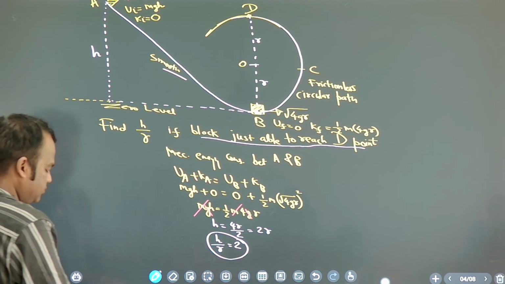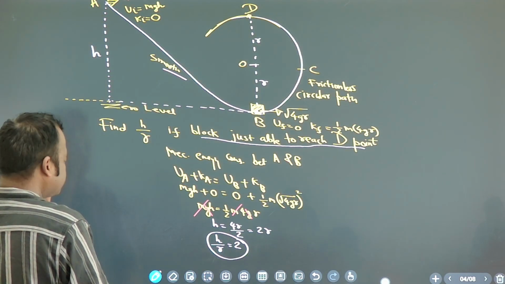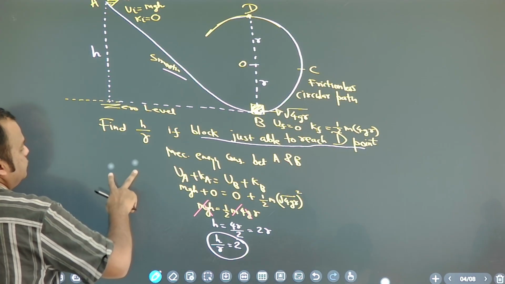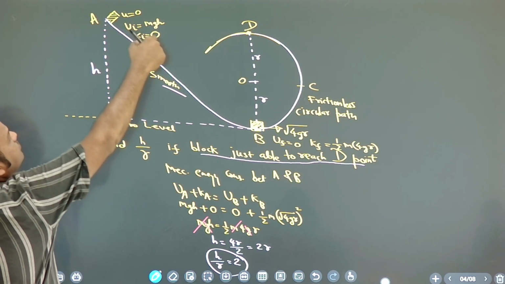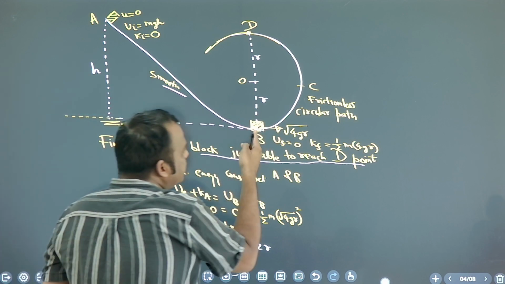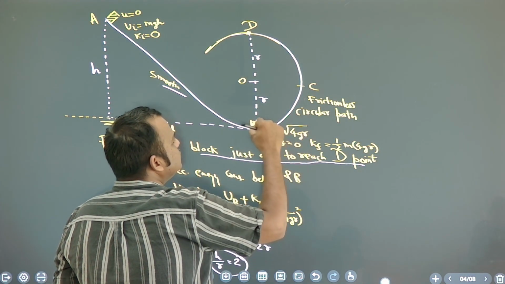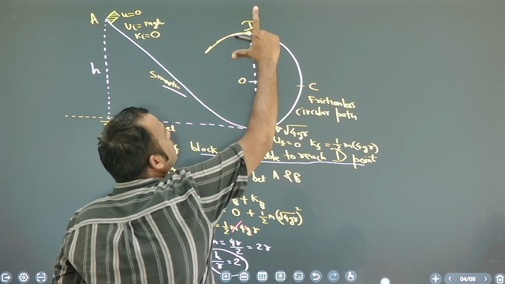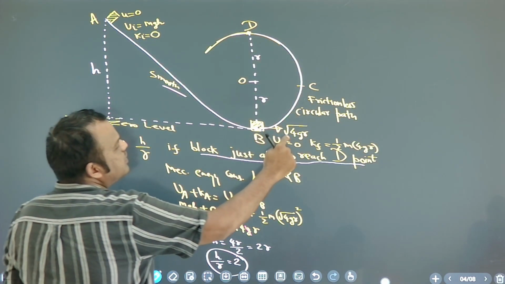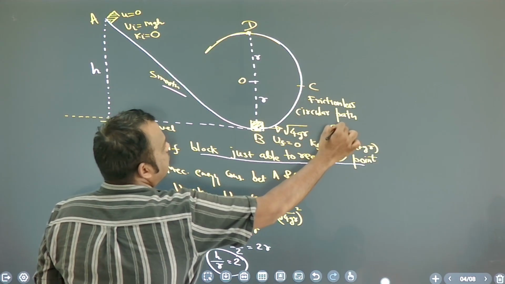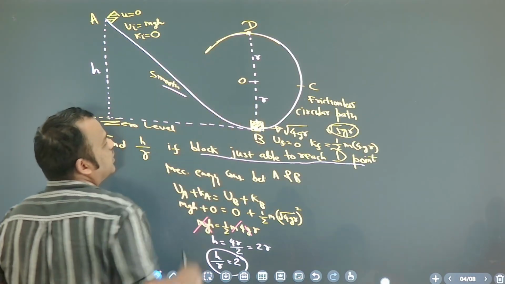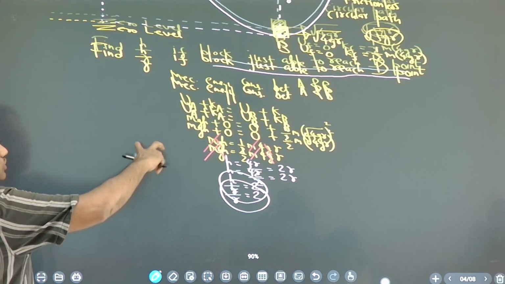Note down. So the block is released from here, speed increasing. If the speed here is root 4gr, it will just come to the top, come to rest, and fall down. But if the speed here is root 5gr, it will complete the circle. Okay. So that is the question.